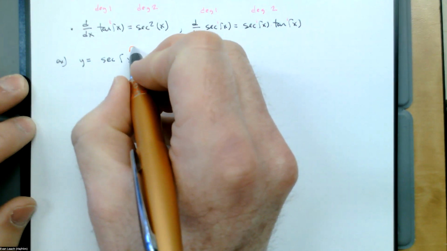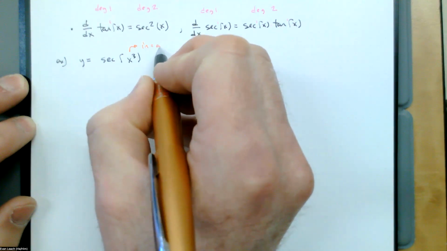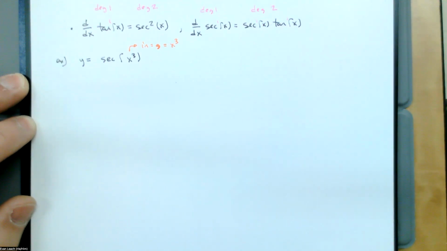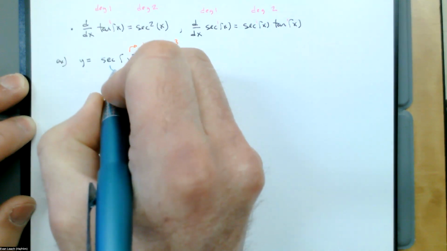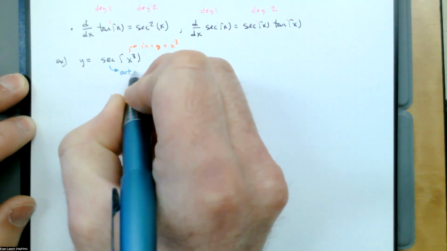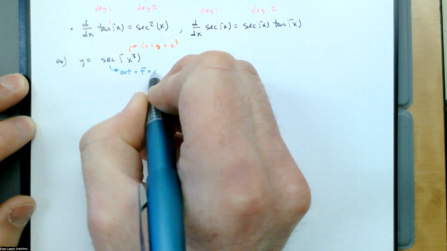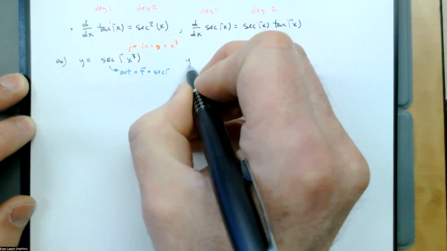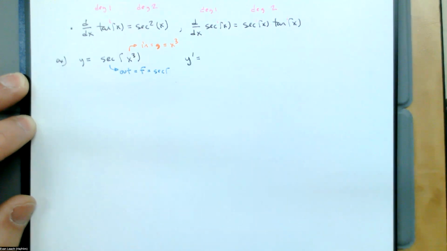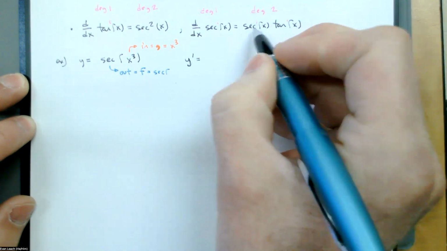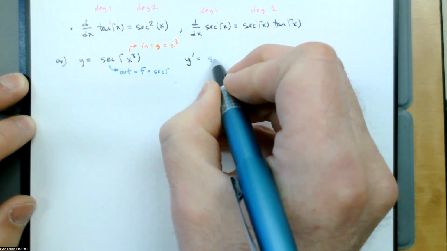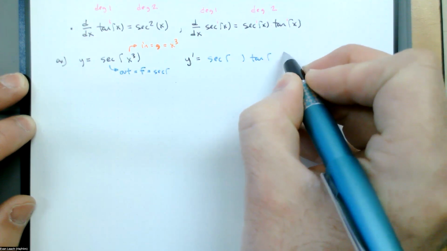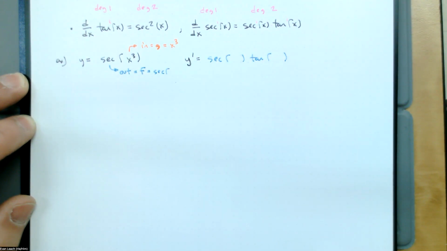Our breakdown from before, inside, or our g, is x cubed, outside, or the f, is secant. So our derivative, y prime, the derivative of secant of stuff is secant stuff, tangent stuff. So it's going to be secant tangent times the derivative of the stuff.